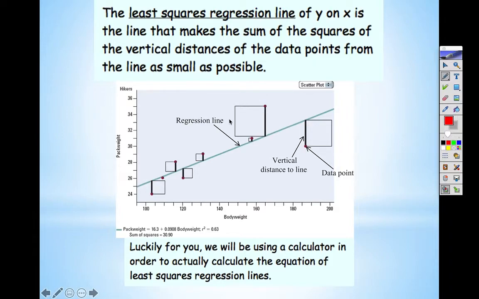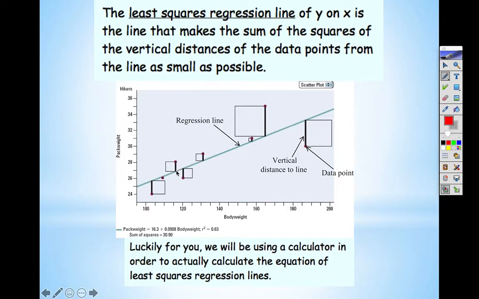And the reason it's called least squares is because if you look at these purple dots, each one of these is a point on the scatter plot. The way that the computer or calculator decides where this perfect green line goes, it's not just a guessing game. It takes all of the points that are below the line and all of the points that are above the line, and it squares that black line, the vertical distance.